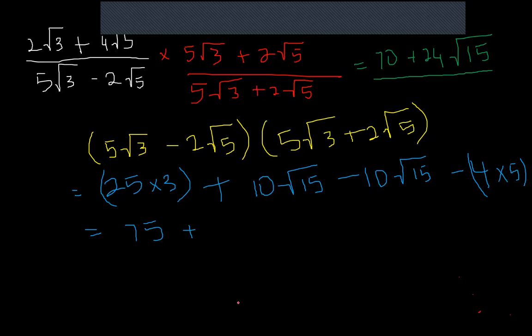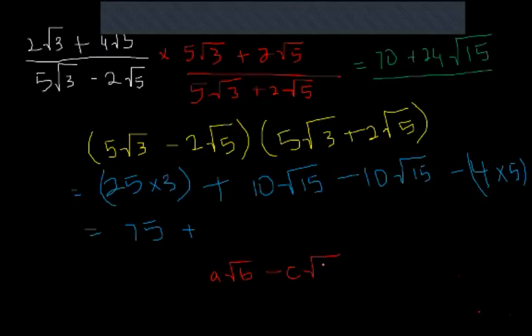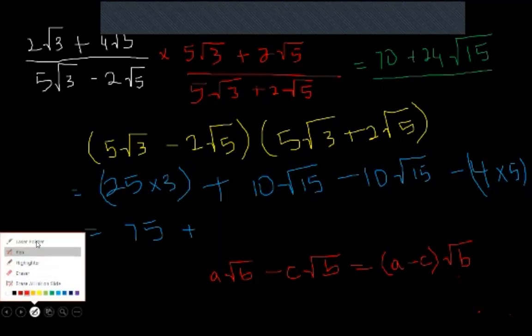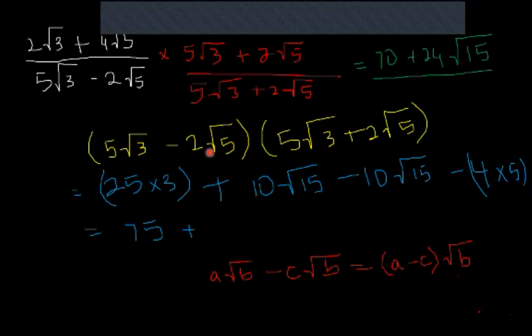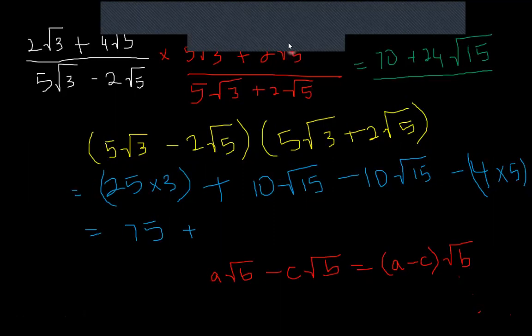And the rule is when subtracting surds, a root b minus c root b is equal to a minus c root b. And it's the same factorization concept that you're using when we were adding surds.